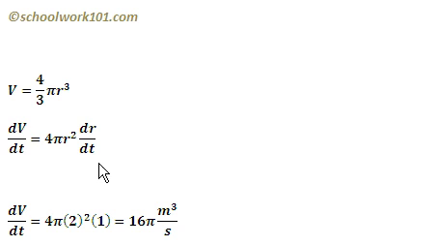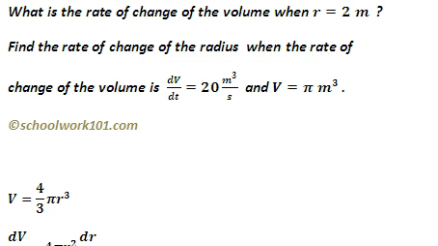So there it is, and now we plug in everything they give us. We said the radius was 2 and dr over dt is 1, remember, that was 1 meter per second. We simplify all that down and we end up getting 16 pi cubic meters per second.